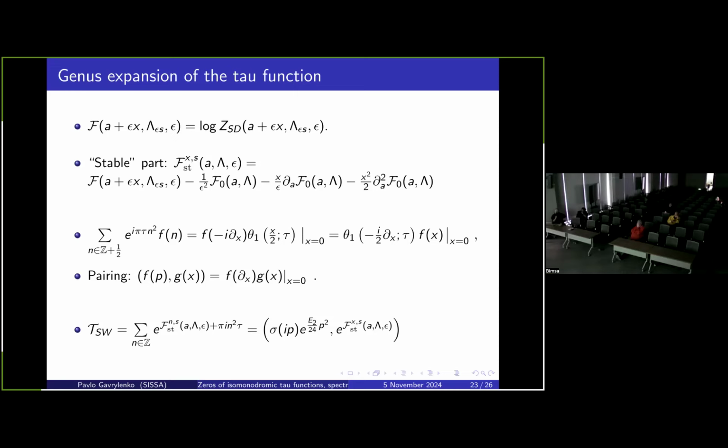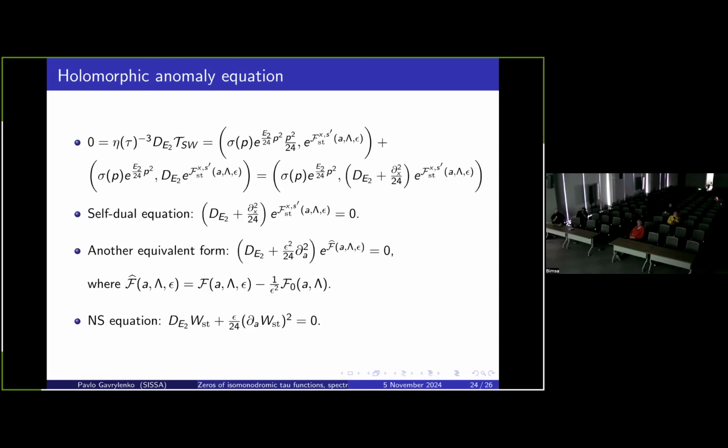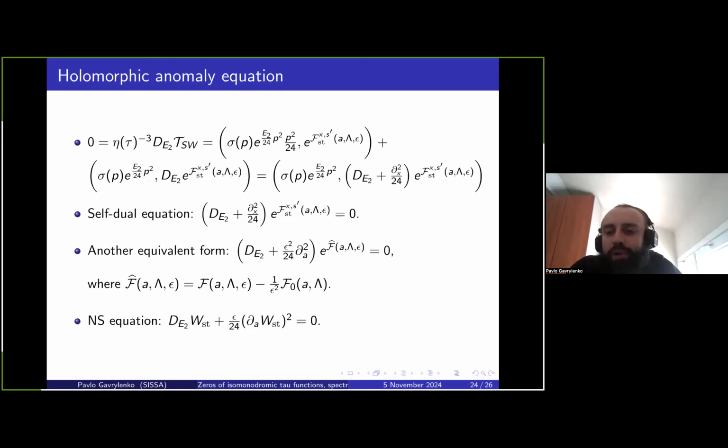Yeah, and could you please clarify the statement? What we can know from this expansion near zero? So we have an equation on this partition function that is used to write the formula for the tau function.